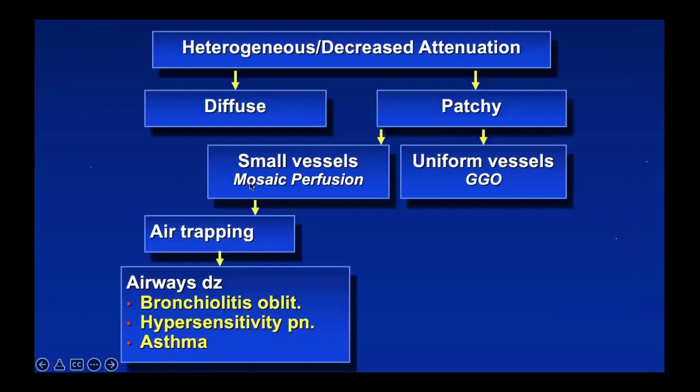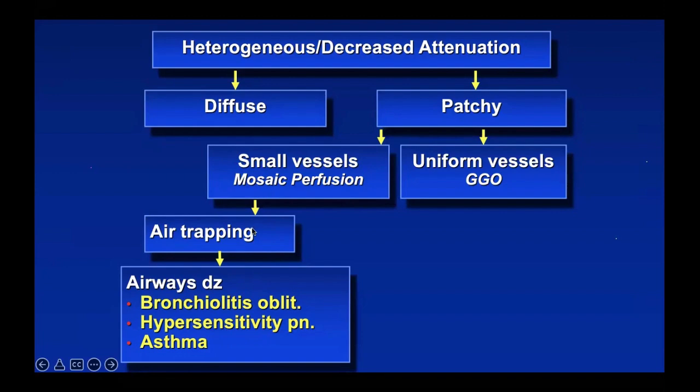So if you see the mosaic attenuation, mosaic perfusion, again, that is the sharp demarcations. When we see mosaic attenuation, if there is air trapping, that is an airways disease, like constrictive or obliterative bronchiolitis, bronchiolitis obliterans, hypersensitivity pneumonitis, and asthma.